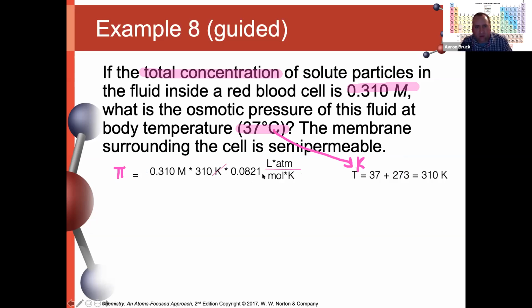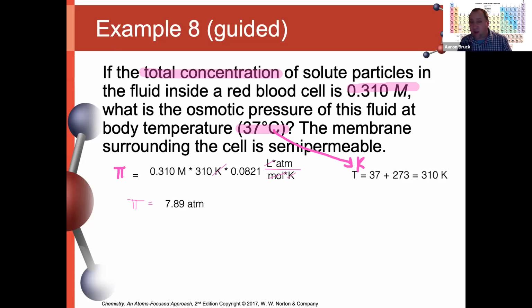So Kelvin cancels. Molarity, remember, is moles over liters. So my moles cancel, my liters cancel. All that's left is atmospheres. My osmotic pressure, 0.310 times 310 times 0.0821, gives me a value to 3 significant figures of 7.89 atmospheres.